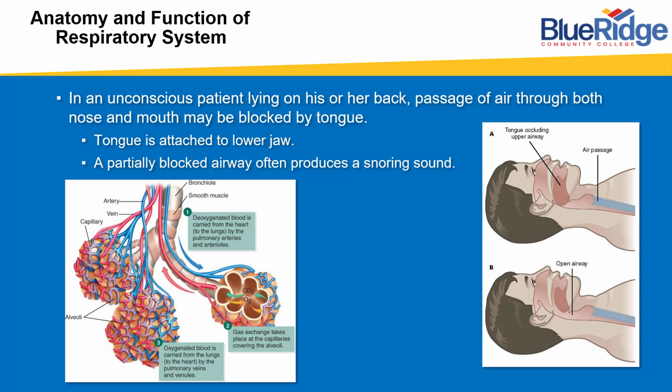And then below the trachea is where the airway divides into bronchi, two large tubes supported by cartilage that lead to the lungs. The two lungs are located on either side of the heart, left and right, and are protected by the sternum at the front of the body and by the rib cage at the sides and the back.